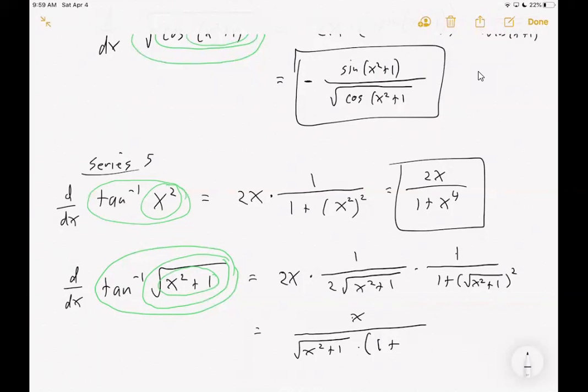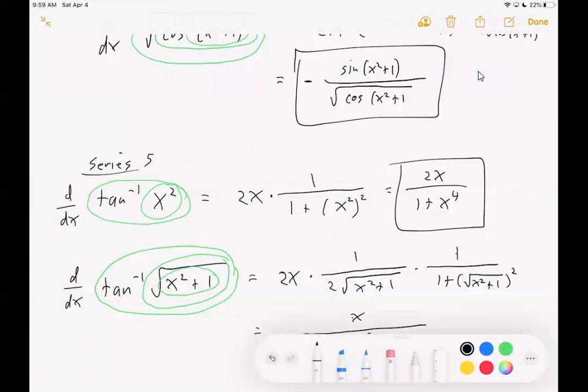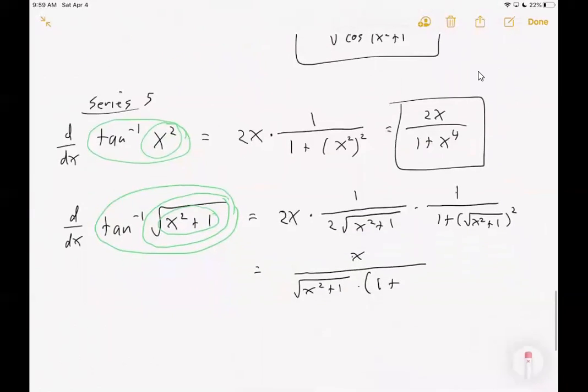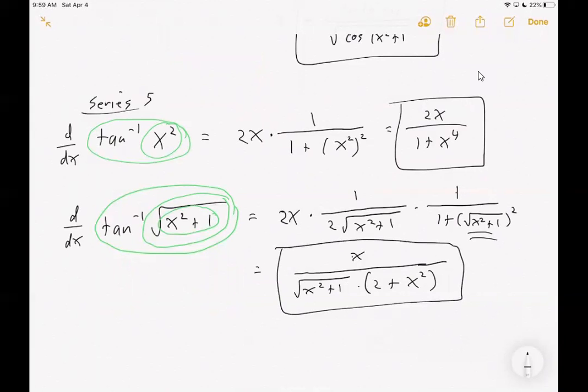Oh, and it was plus 1 again, so in one step, let me erase that 1. This will end up being a 2, or x squared plus 2, if you like, because when we squared the square root of x squared plus 1, we have an x squared plus 1 again. So this is the answer. Okay, we'll move on to another series.